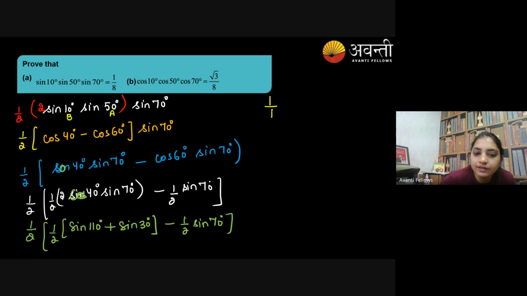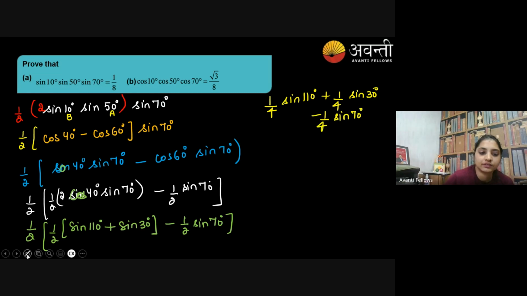Now you will have 1 upon 4 sine 110 degree plus 1 upon 4 sine 30 degree minus 1 upon 4 sine 70 degree, right? So this sine 110 degree can be written as 180 minus 70.